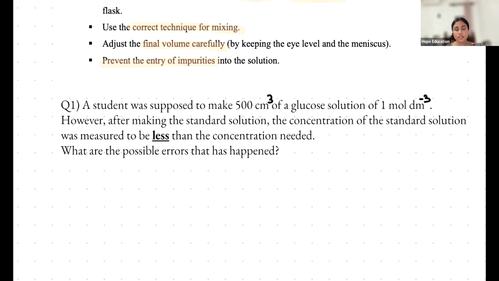Any answers you all got? Just write the possible errors as you think. What could have happened?